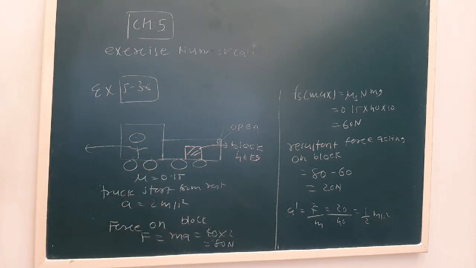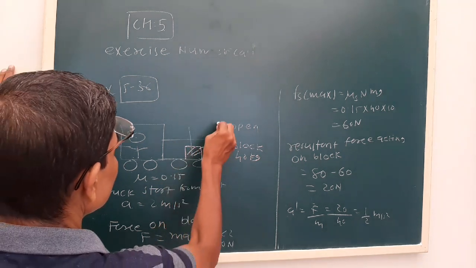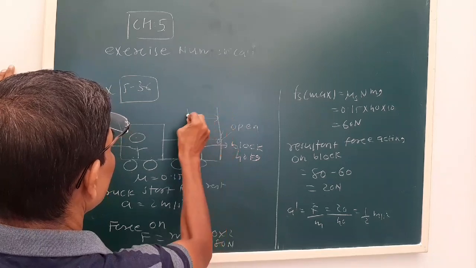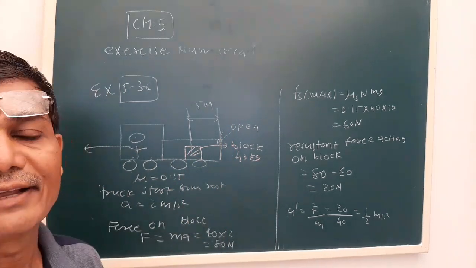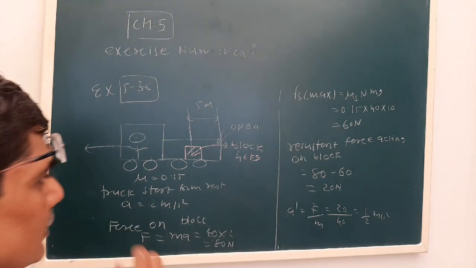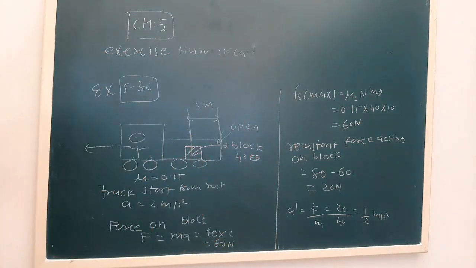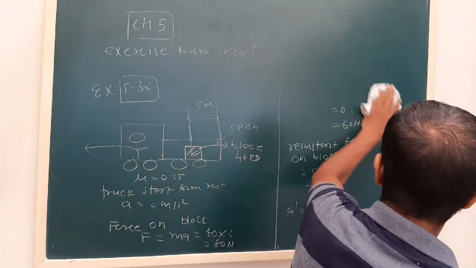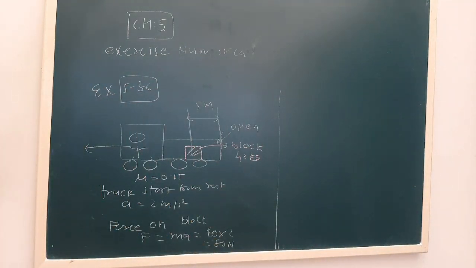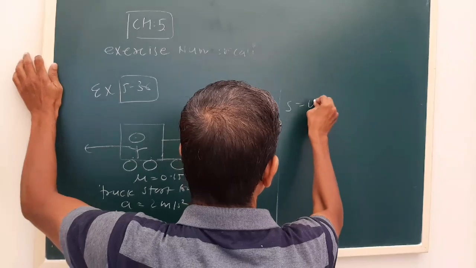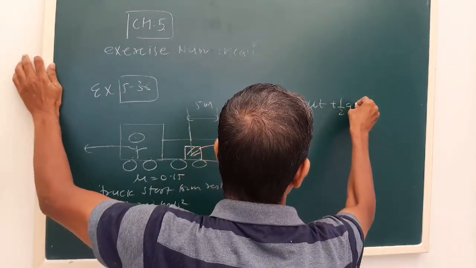Now see the block, this distance given from the rear part is 5 meter. So to fall down it has to travel 5 meter distance. So we can calculate the time required. We use the distance formula, S is equal to ut plus half at square.